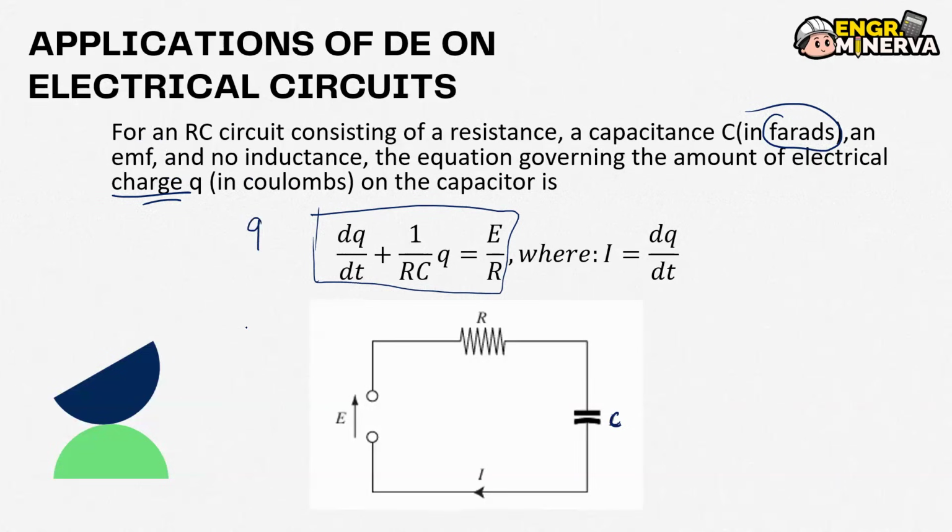When you say charge, that is the amount of electrons contained in your electrical circuit. The measure of that is in coulombs. And later on, if you convert that into your electric current in amperes, it is just the first derivative of the equation of the charge. So let's have that in our problem.